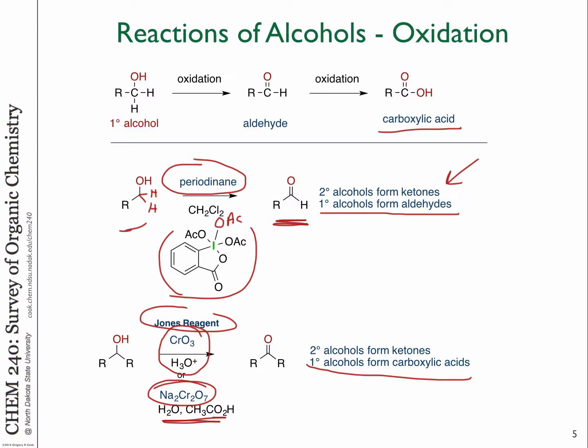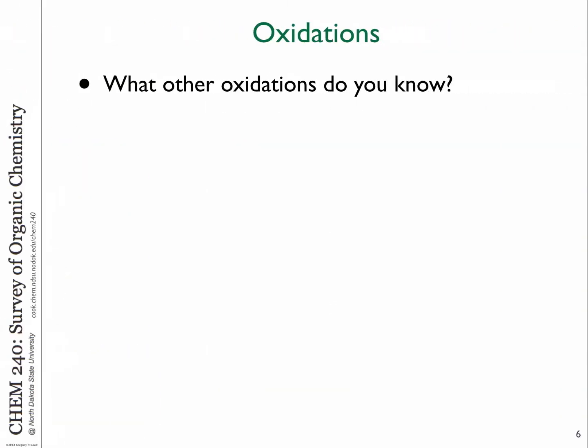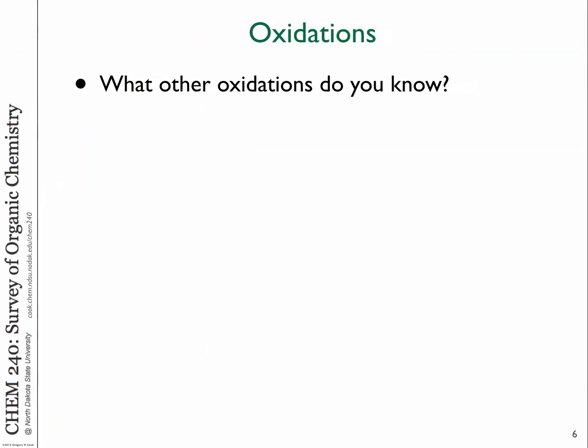How do you think this reaction works? Now, I'm not going to expect you to know the mechanism of this oxidation, because it is a little bit complicated, but it might be useful to talk about it a little bit. Okay, so if you think about what's happening when you oxidize an alcohol, in order to oxidize an alcohol, what are we removing from this?